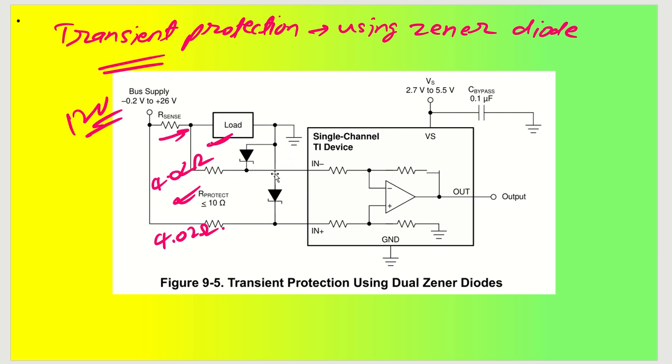So this is how you connect a Zener diode Z1, let us say, and Z2 to the ground from your inverting terminal and non-inverting terminal of your current sense amplifier, and this is how you will be protecting from transient at the inputs. Okay. And let us say this is your 5 volt.